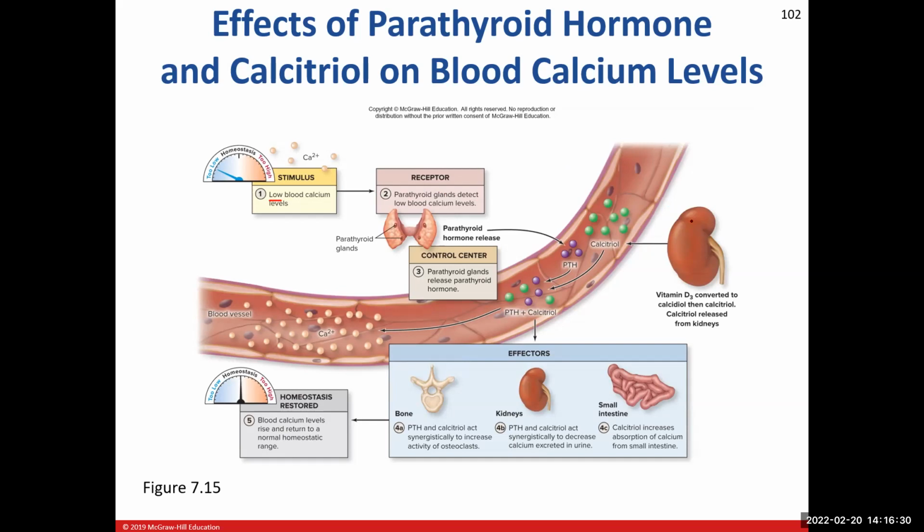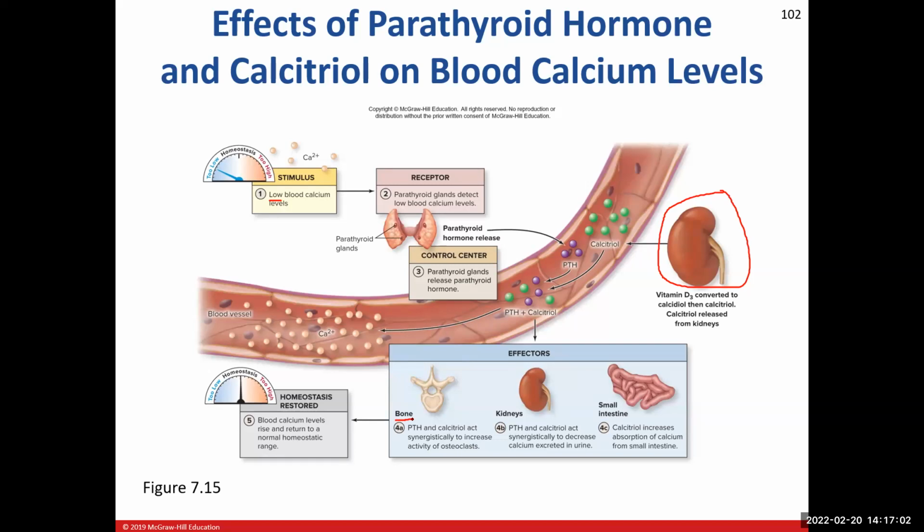Now, in the blood, it's going to come across the kidneys and it's going to help to convert calcidiol into more calcitriol. So we're going to make more calcitriol, more vitamin D. Hooray, good for us. Then we'll see in bone, at our tissues here, both PTH and calcitriol are going to stimulate or increase more osteoclasts to break down bone to release calcium into the blood.